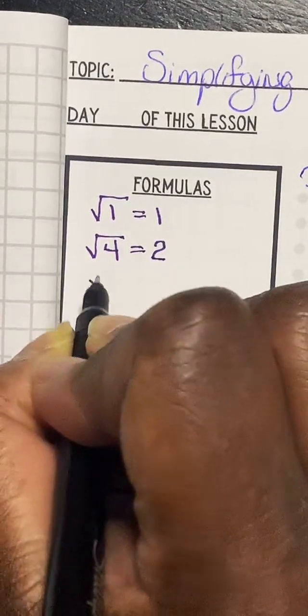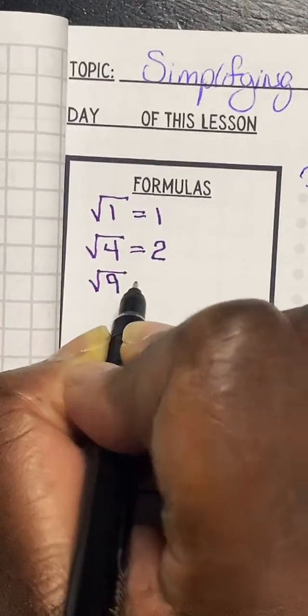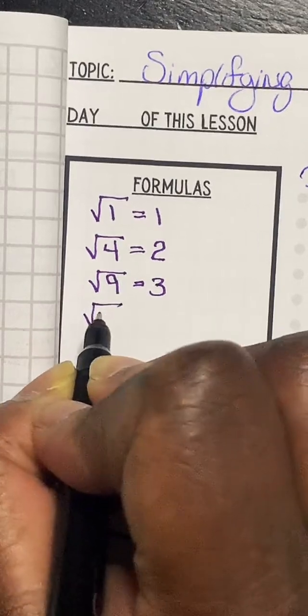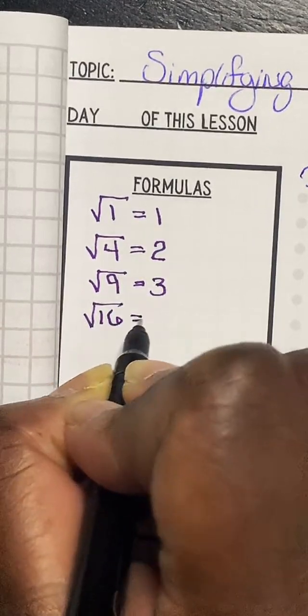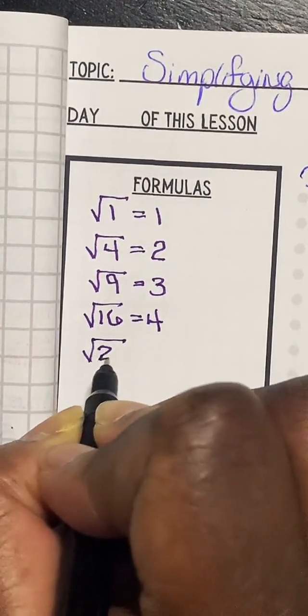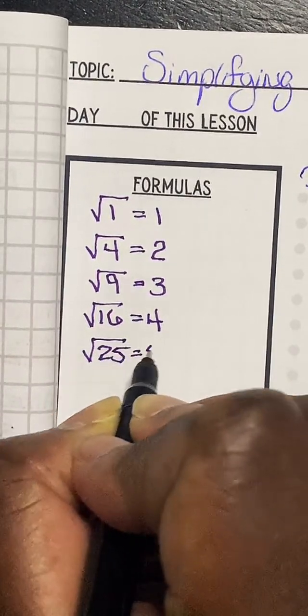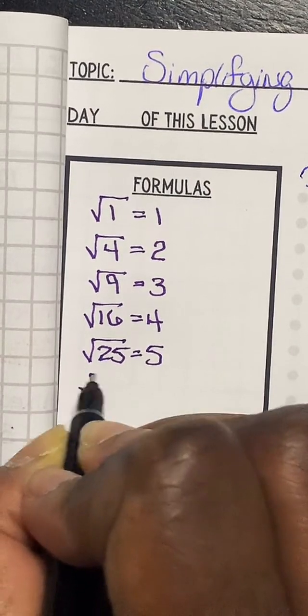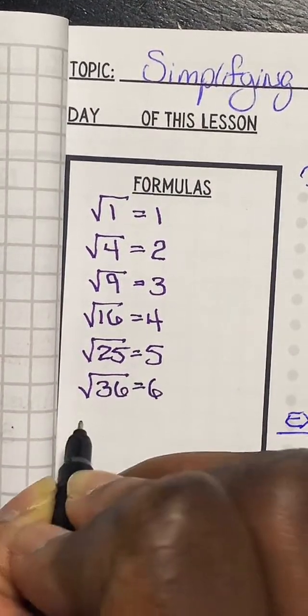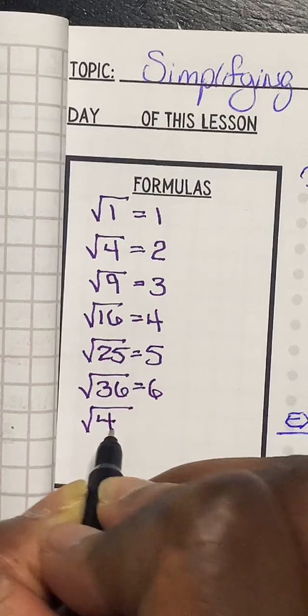The square root of 4, that gives me 2. Square root of 9 gives me 3. And we all know there's a plus minus. But we're just going to focus on the positive for this exercise. 25 gives me 5. This gives me 36. 49.